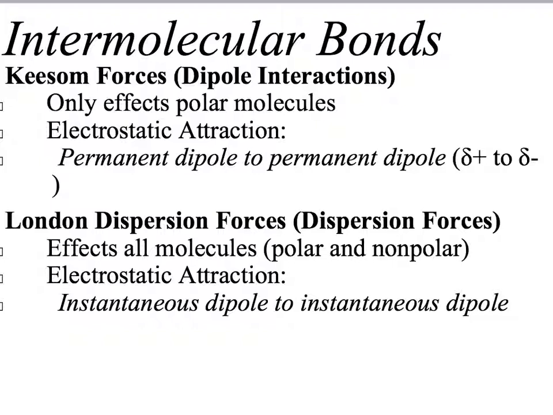And my electrostatic attraction, because once again, every single force we talk about is an electrostatic force. All that changes is what are the positives and what are the negatives. And here, I'm dealing with a partial positive to a partial negative, a permanent dipole to another permanent dipole. So these would be two polar molecules that have permanent dipoles.